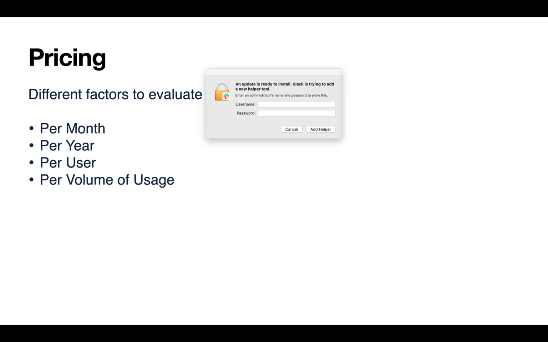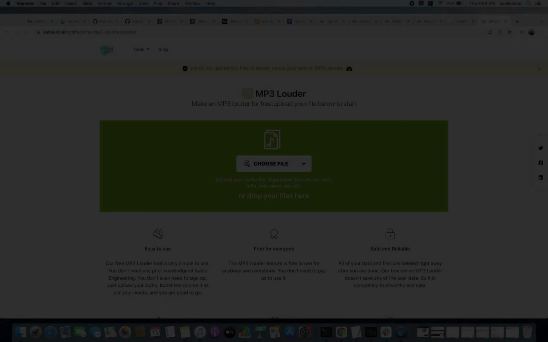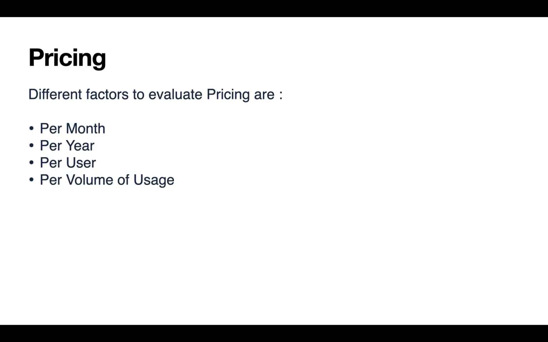Next factor is pricing. There are different types of pricing policies. Pricing can be monthly or yearly. It can be on a user basis, meaning per user the price can change. Also, it can change based on the usage or volume of usage.